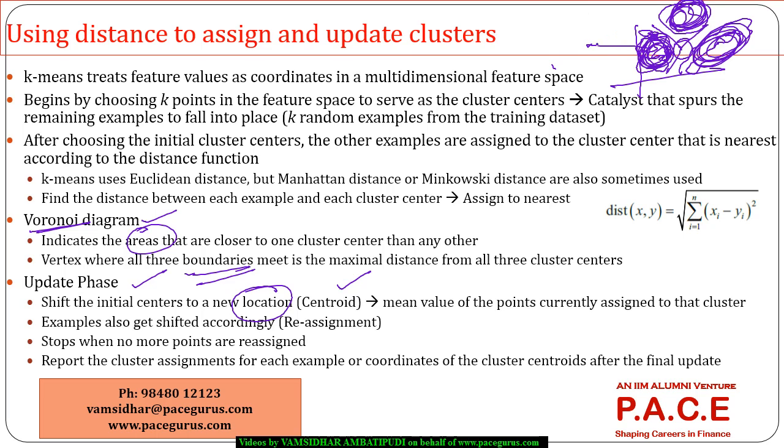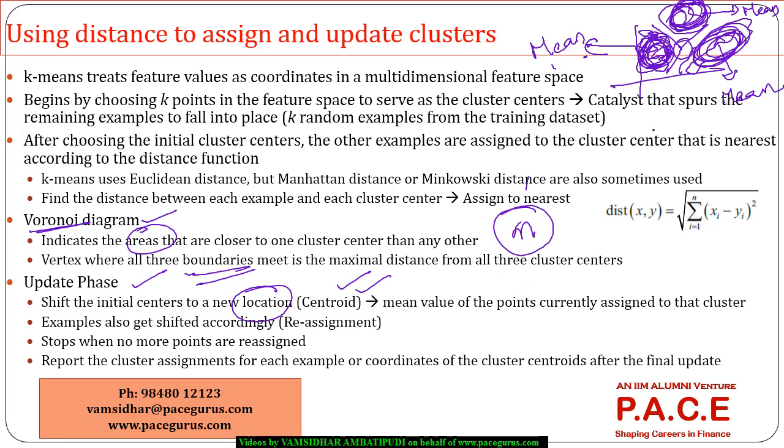Now we compute the mean of all the elements present in each cluster on each particular variable. That is called a centroid. If there are n different variables, we find the center of each cluster across all n variables. That is what we call a centroid.